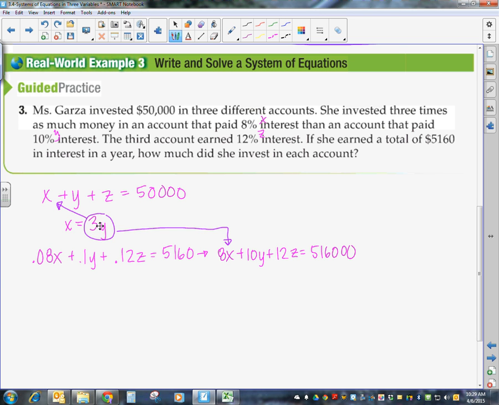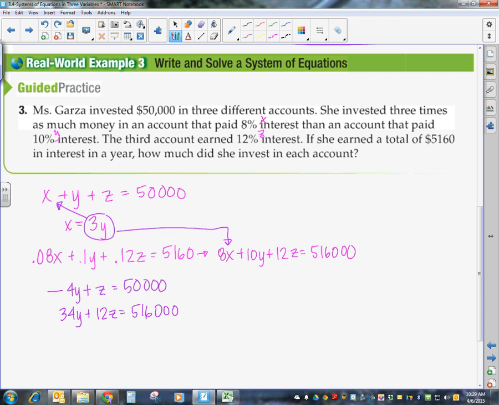And the two resulting equations: 3y plus y, of course, is 4y plus z equals 50,000. And then 8 times 3y is 24y plus 10y gives me 34y plus 12z equals 516000.